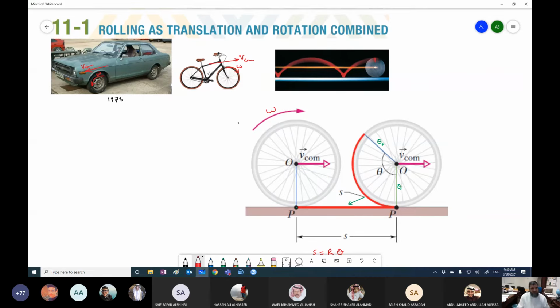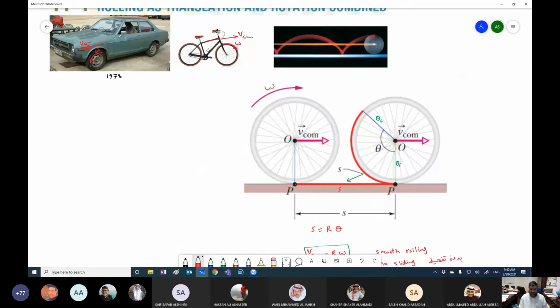So let us consider the wheel, single wheel, and the wheel is rotating and at the same time it is moving forward. طبعا it will travel a distance from this point to that point. This distance we call it S. Okay, and this S equals R theta as we have seen in chapter number 10. طيب هذه لفت بمقدار هذا الانجل theta initial to theta final, delta theta.